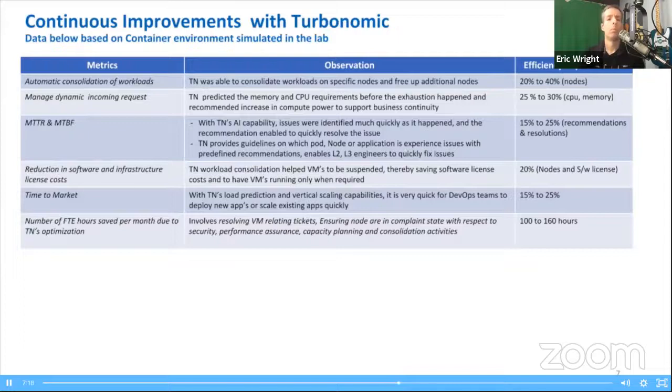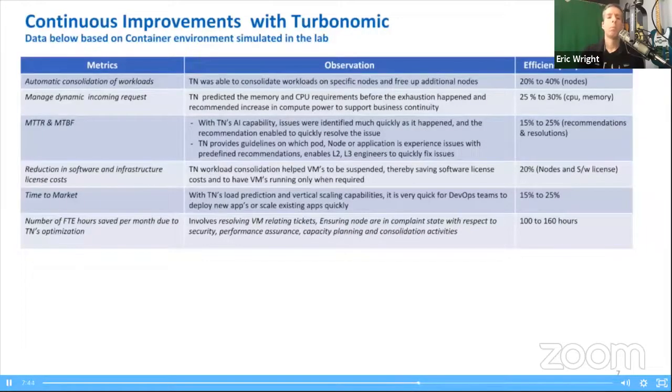The first one, what you see here on the slide, is the automatic consolidation of workloads. Net, we saw close to 20 to 40% efficiency improvements, where Turbonomic was suggesting that you can typically turn off 2 compute nodes because of the consolidation.